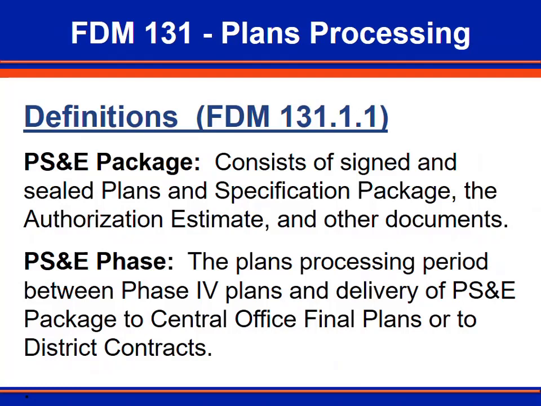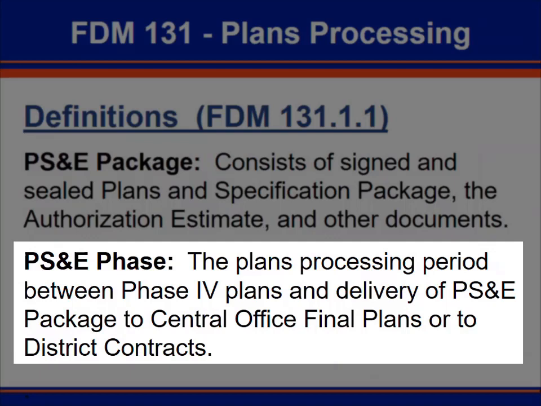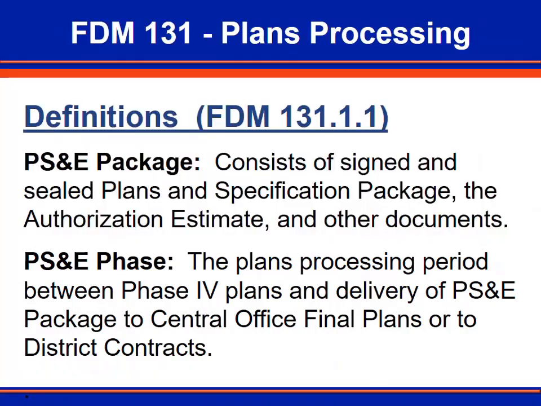The other documents referred to is primarily Forms 131A and B that are found in FDM 103. PS&E phase is a new term that defines the period of time that the districts are actively assembling the PS&E package. Submittal of PS&E package to Central Office plans processing signifies the end of the PS&E phase.